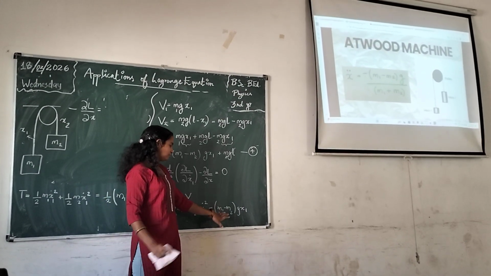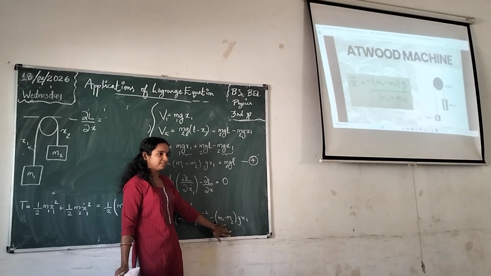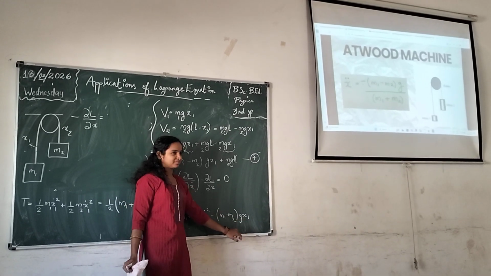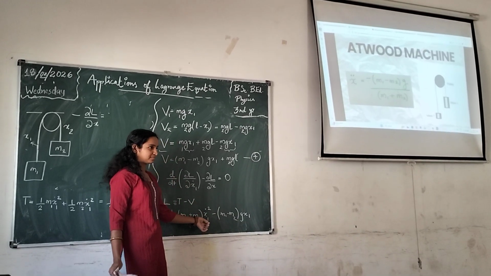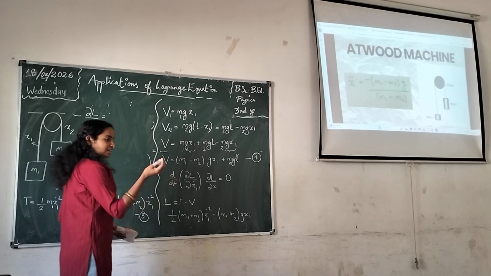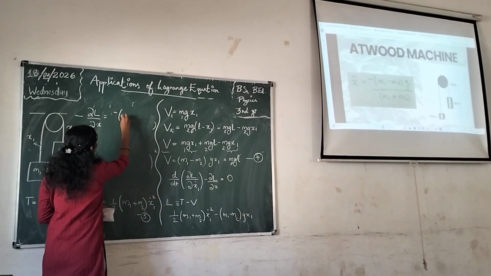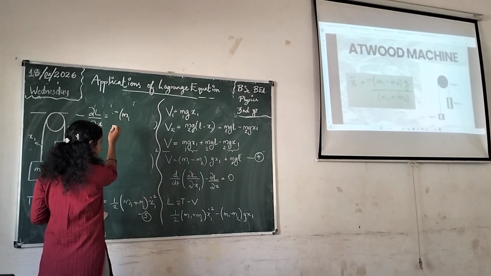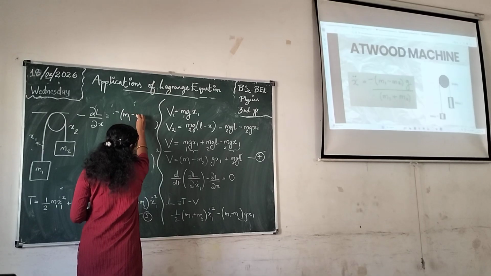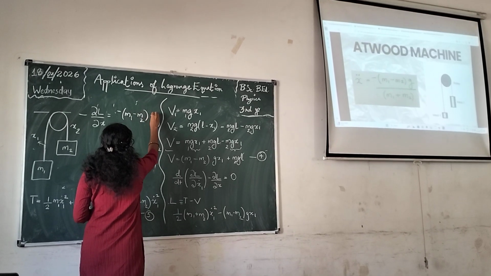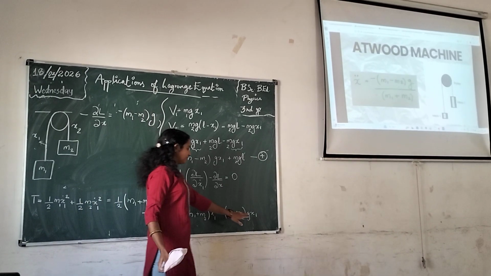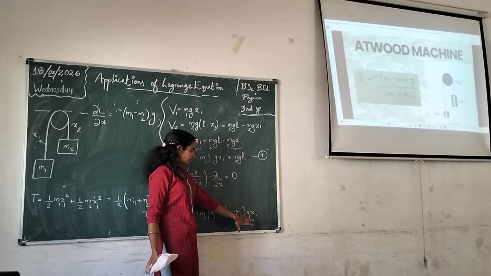Here, what will be the derivative of this term? Yes, it is minus (m1 minus m2) g, because we are differentiating with respect to x1, so other terms will remain.